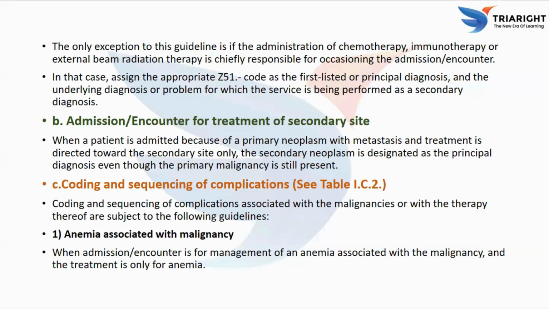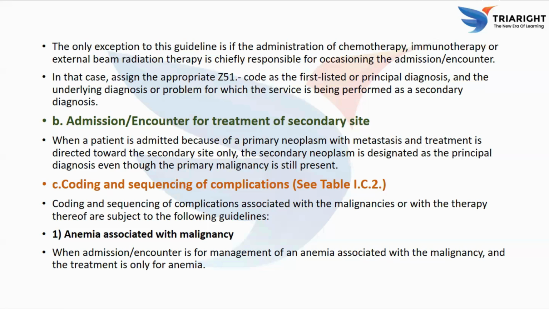And then admission or encounter for treatment of a secondary site. When a patient has primary cancer with metastasis, and treatment is directed only at the metastatic, that is the secondary site, you have to code the secondary malignancy as the principal diagnosis, even though the primary cancer still exists.